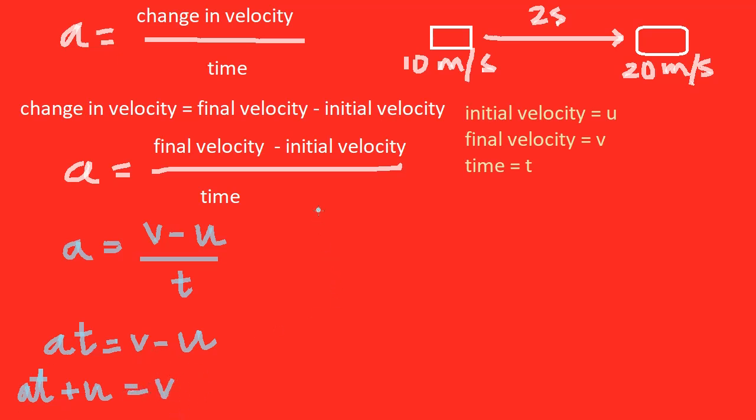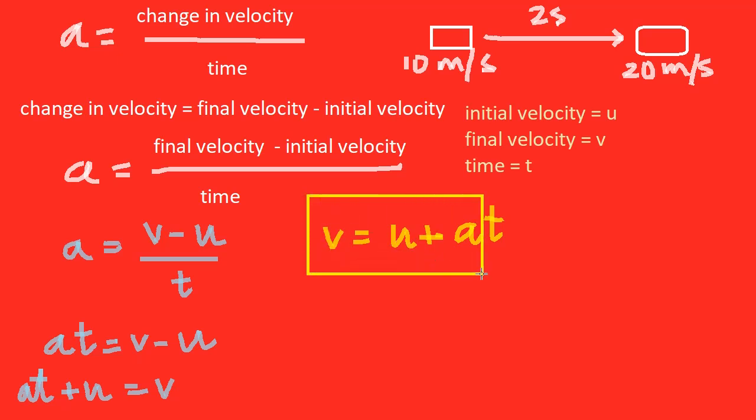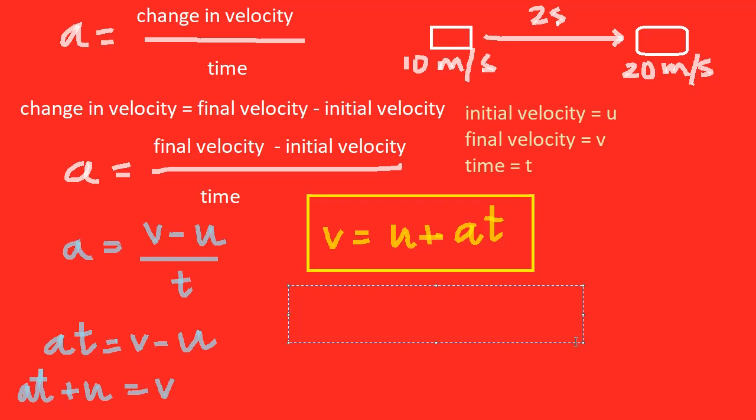So this can be written as v equal to u plus at. This relation is an important relation, and it is called the first equation of motion. You have to memorize this. It is very important for solving questions. Please keep in mind that it is v equal to u plus at.